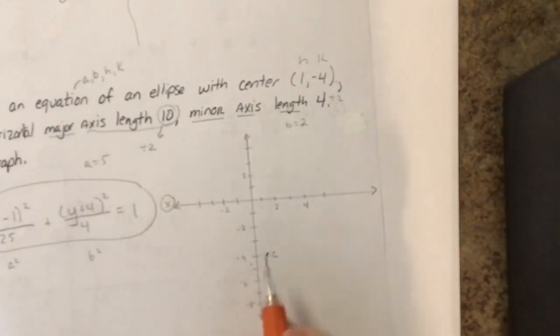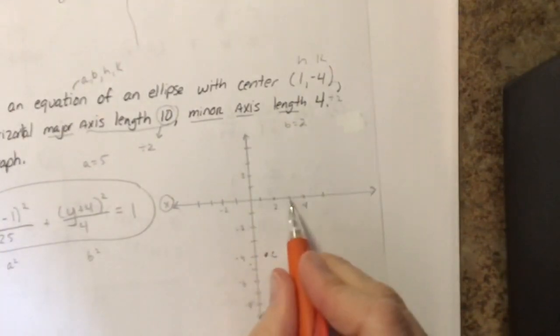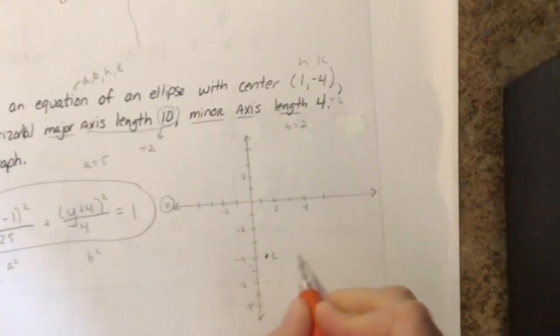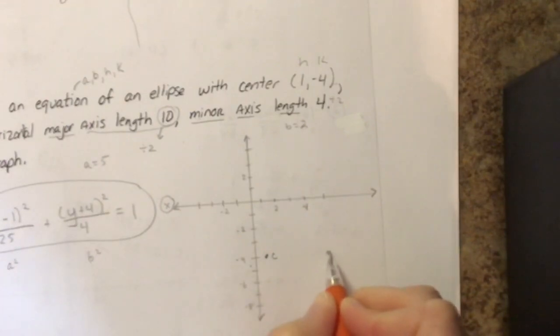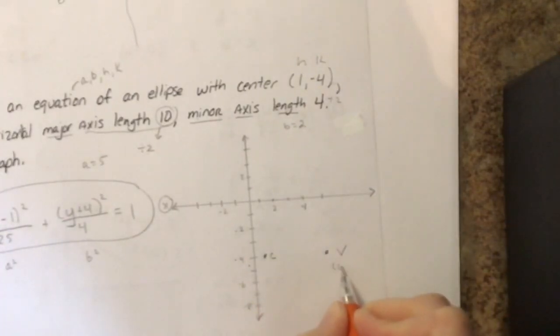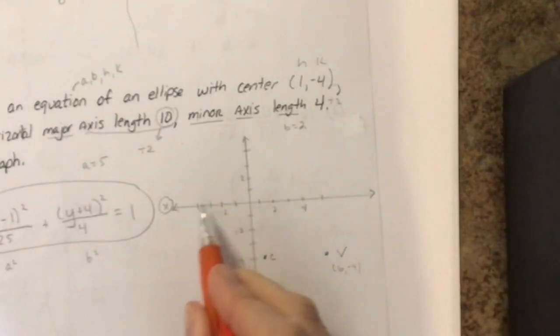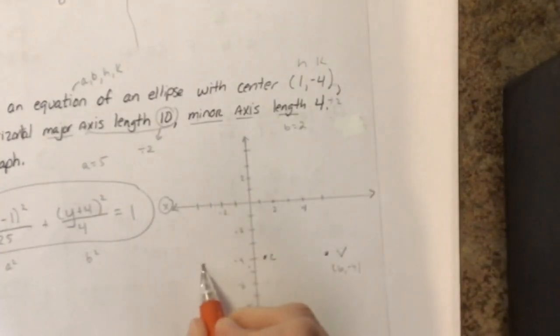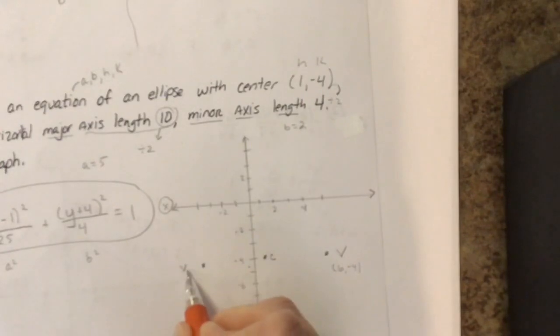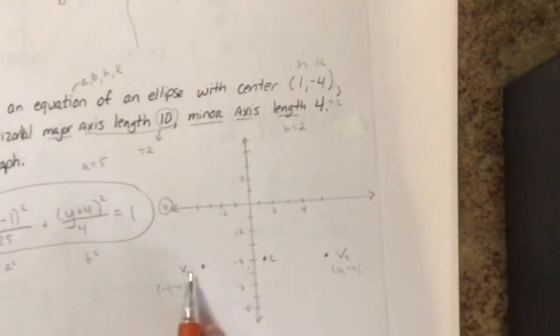So I count over 1, 2, 3, 4, 5. Here's the first vertex. Really 1 plus 5 gives me (6, negative 4). Then 1, 2, 3, 4, 5, I'm at negative 4, negative 4. We're going to label both of the vertices.